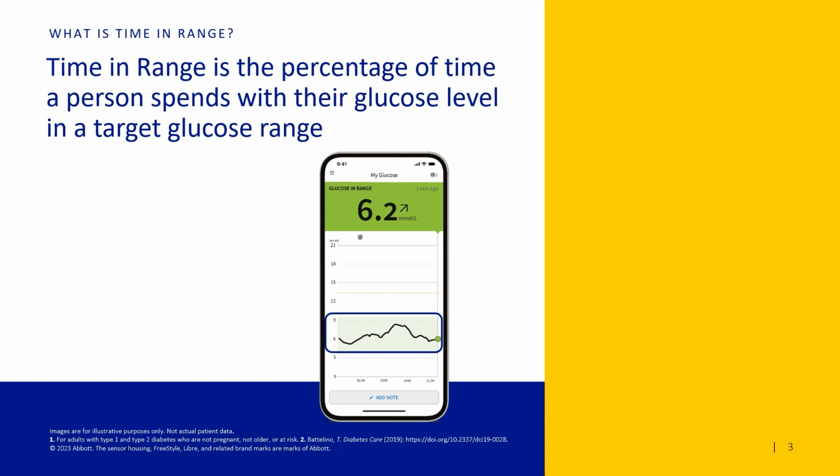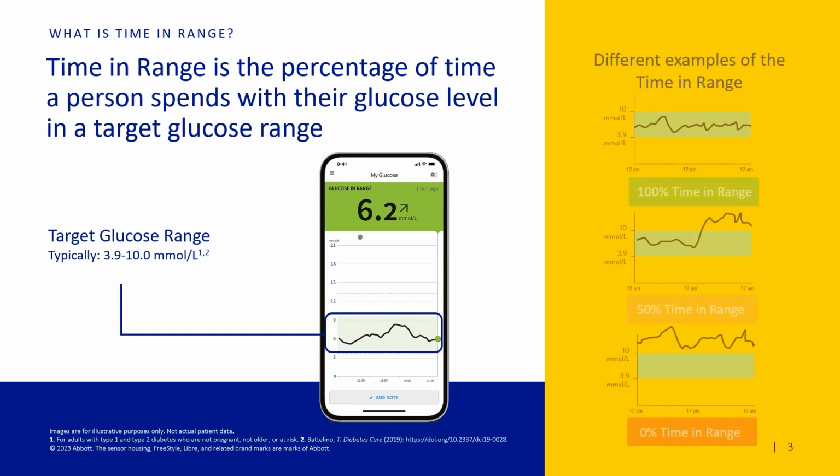Capturing so much glucose information makes it possible to calculate what proportion of time your glucose spends within your desired target glucose range. We call this measurement time in range. Time in range is measured as a percentage of time that a person spends with their glucose levels in a defined target glucose range.